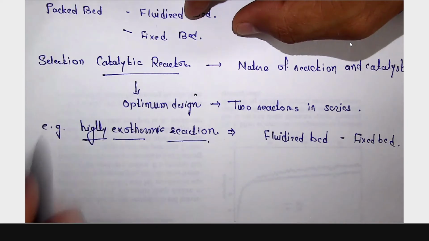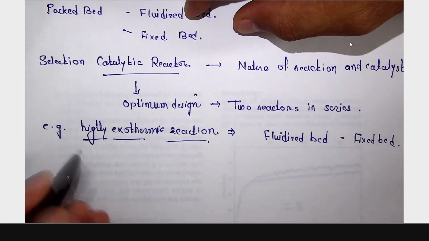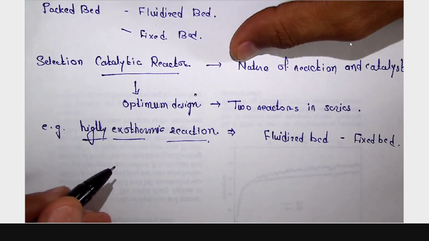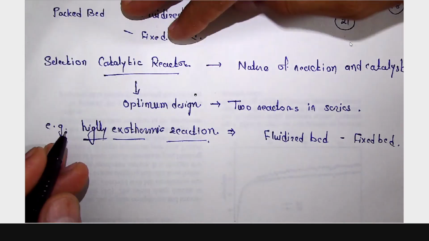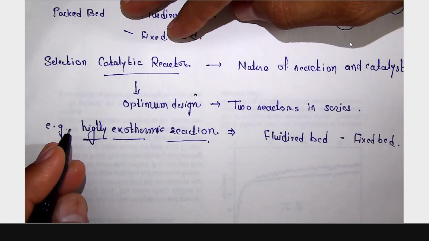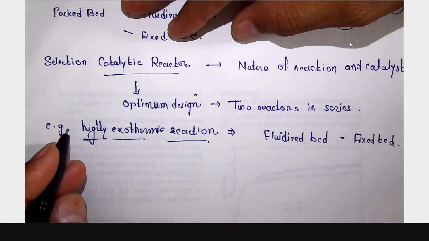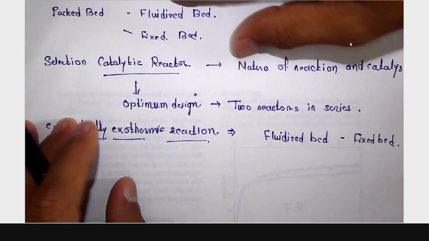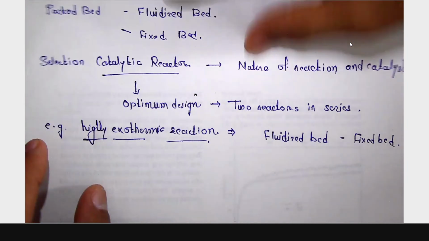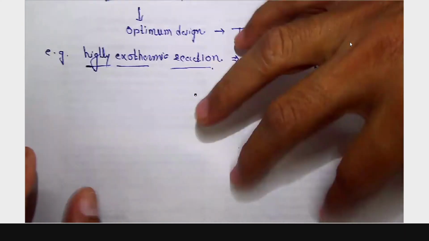In most of the catalytic reactions, a single reactor may not be sufficient because of the change in the rate of conversion with respect to temperature as well as the activity of the catalyst. So there are basically two difficulties we generally encounter in designing the catalytic reactors. What are those two difficulties?